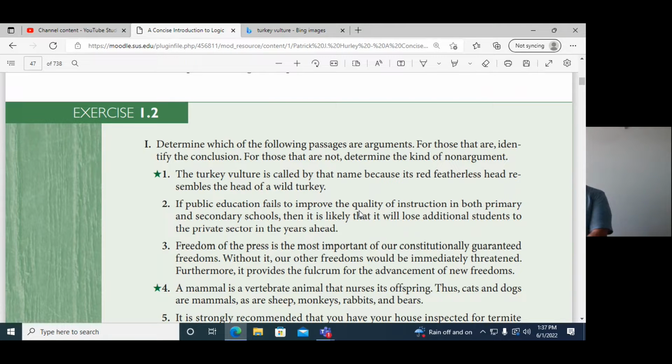You're supposed to recall: is this a non-inferential passage? If so, what is it? A, conditional statement, B, warning, C, piece of advice, or D, none of the above because it's actually an argument, right? And again, for number 2, you would have to answer it's a conditional statement, not an argument.